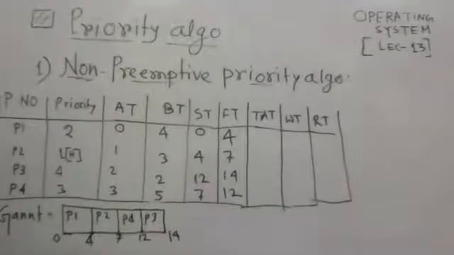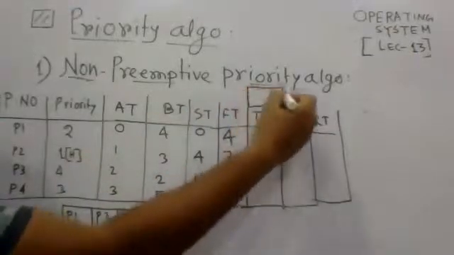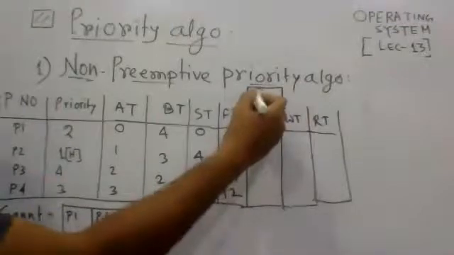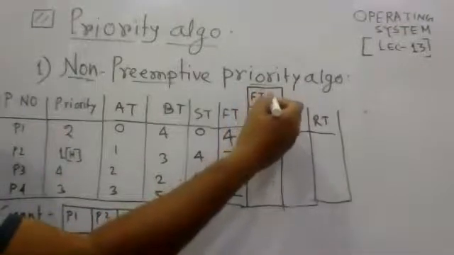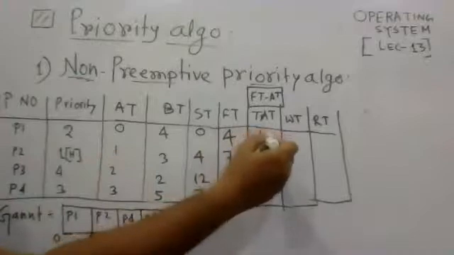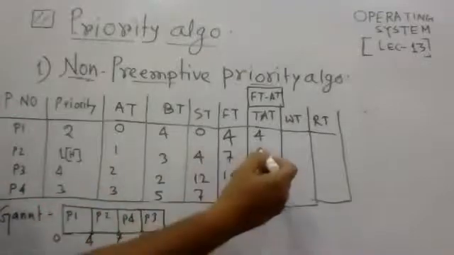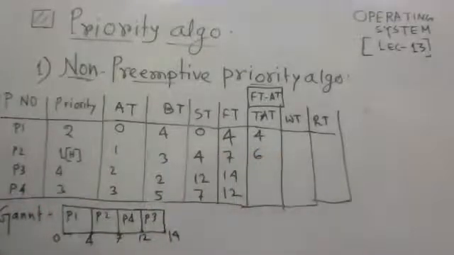Now calculate turnaround time, and we know the formula: turnaround time is nothing but finish time minus arrival time. So for P1, finished time 4, arrival time 0, so turnaround time is 4 minus 0, that is 4. For P2, finish time 7, arrival time 1, so it is 7 minus 1, that is 6.